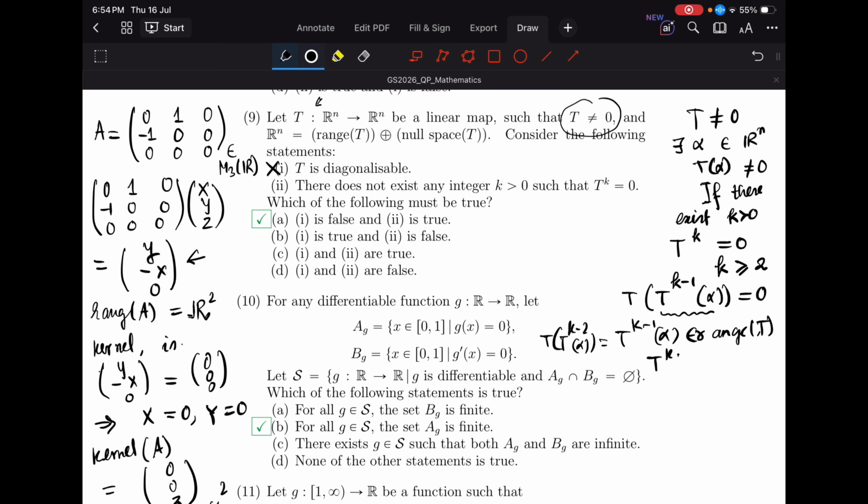That means this is inside the null space of T. But it is given that R^n is the direct sum of the range of T plus the null space of T. So the range of T and the null space of T have only intersection at 0. So then we have T^(k-1) alpha is 0. Okay.